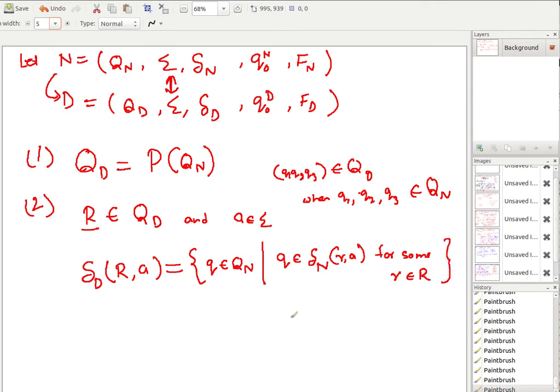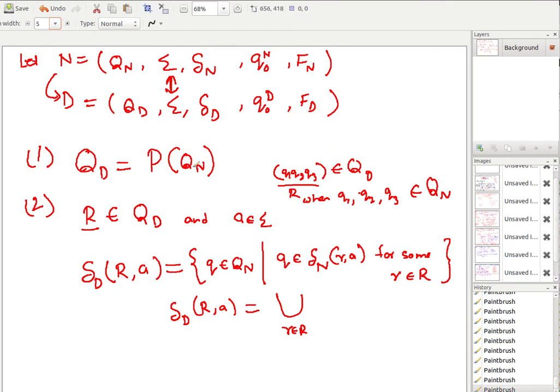What I am trying to write, if I have to write it in a summarized way, I can rewrite it as delta D of R, A is equal to the union, for all elements r of R, of delta n of r, A. Because R is not a single state of Qn. R may be multiple possibilities from Qn.